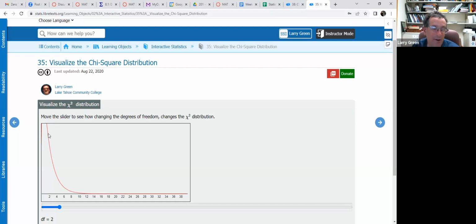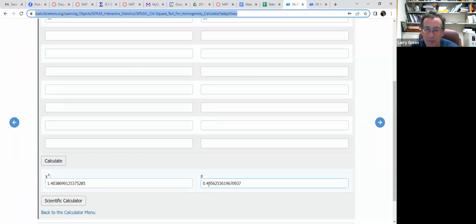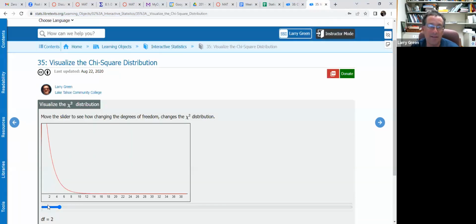And if you look at the area to the left of that value there, that area is 0.496 or so. So that's what the chi-squared value does, it puts it up on this graph, and then the p-value is the area to the right of that chi-squared. The area to the right of the chi-squared is the p-value.